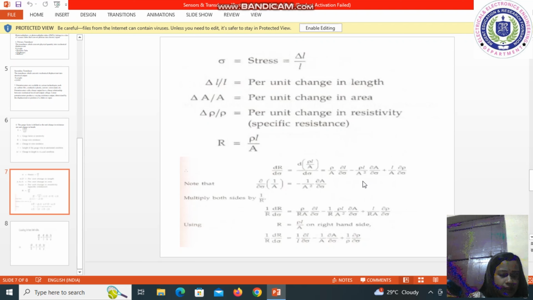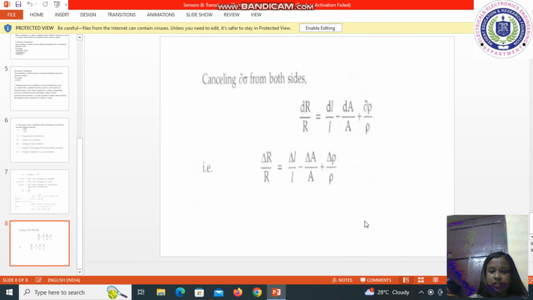Canceling del sigma from both sides, dR by R is equal to dL by L minus dA by A plus del rho by rho. So this is the final expression.